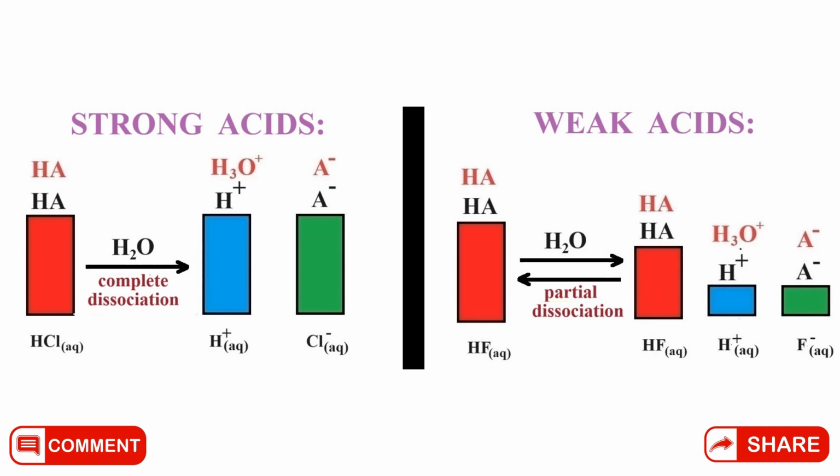The situation is completely different in the case of weak acids. Under the influence of water molecules, part of the HA acid will decompose into ions, but part of it will remain in the undissociated form, so as HA. How much HA and how many ions will there be? The weaker the acid, the fewer ions and the more HA there will be.